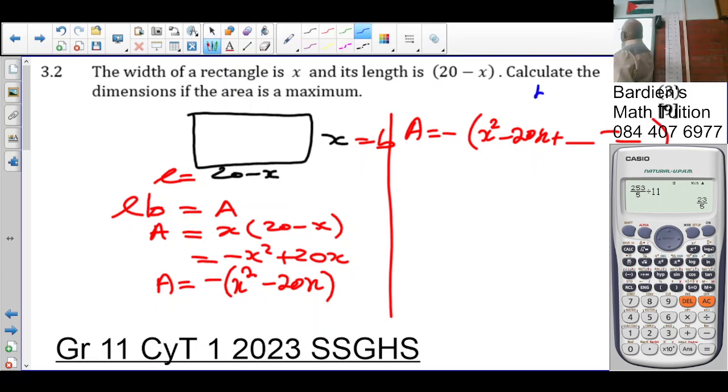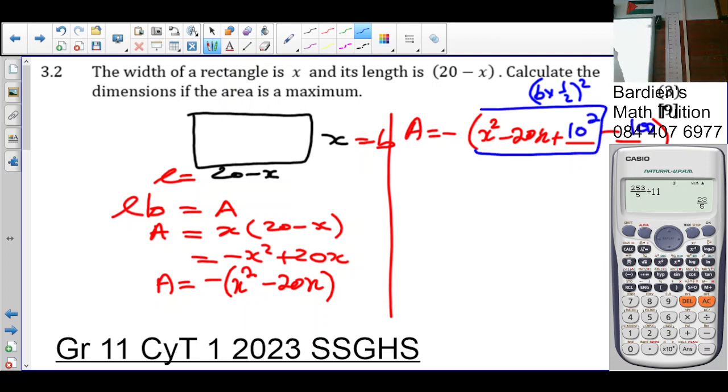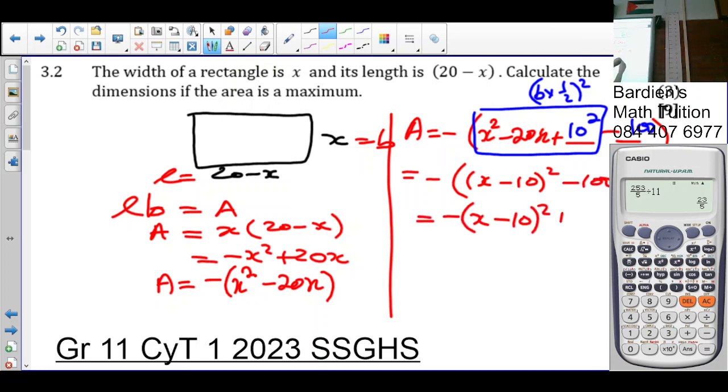It's going to be (b times half) squared. 20 times half is 10, and 10 squared is 100. So again, there's my perfect square trinomial. So it's negative times (x minus 10) squared plus 100.